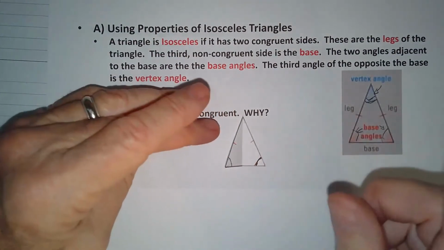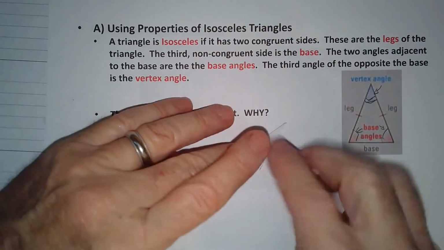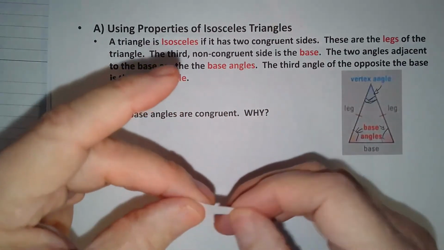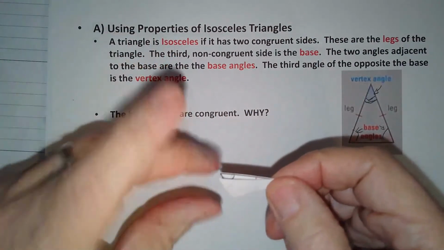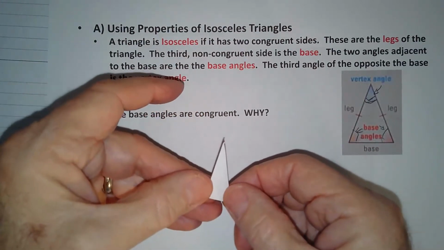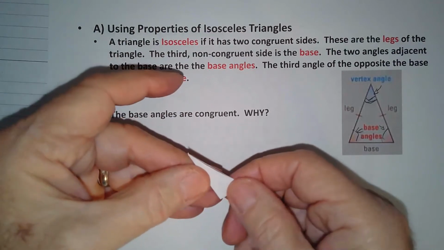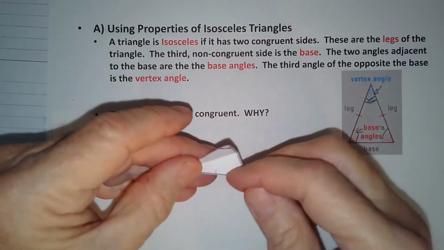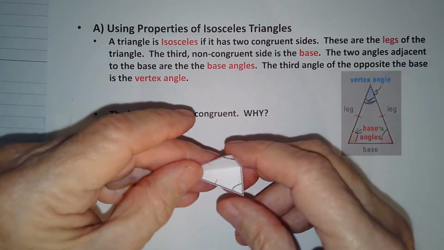What really tells it to you is if the two halves of the triangle lie right on top of each other, like they do here, all the parts of the triangle have to be congruent.